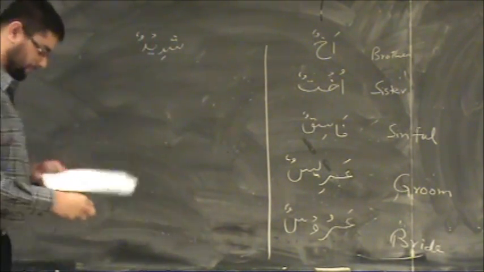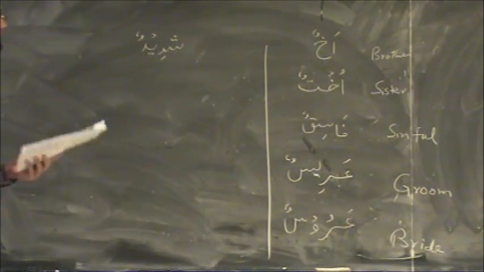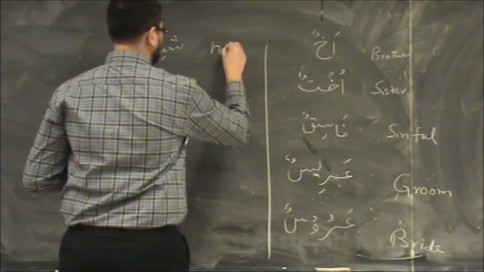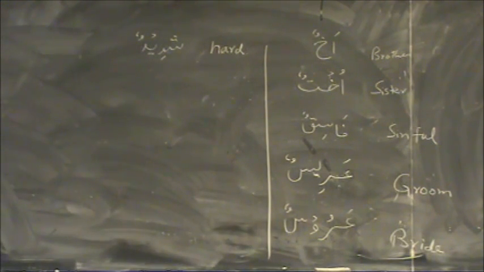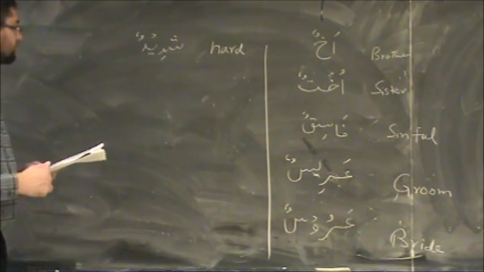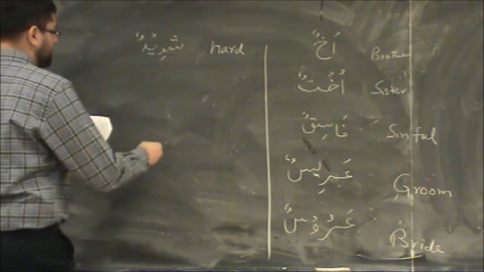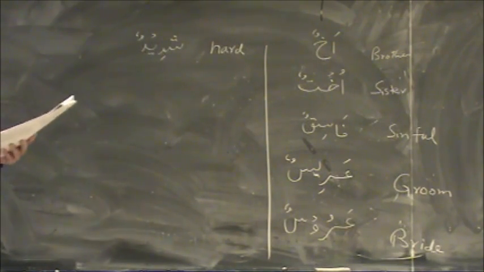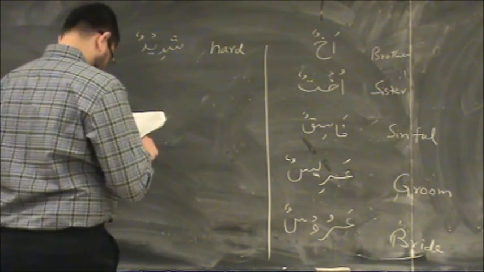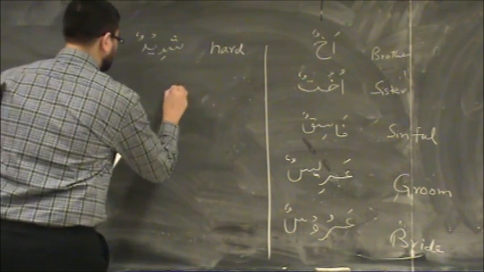Shadidun. Shadid means hard, tough, hard, difficult, complex, those kind of meanings. Shadidun. And since it's an adjective, you should be able to make the feminine. Okay, suqun.